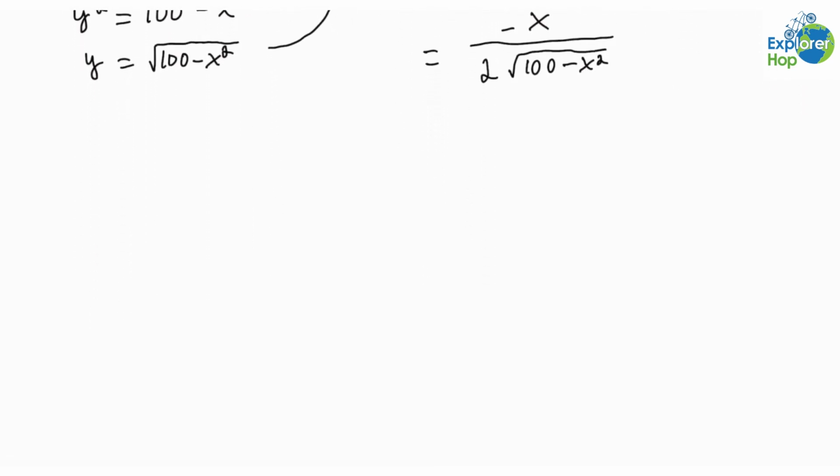And now to find the derivative of y with respect to t when x is equal to 6, we just sub x equals 6 into the equation for the derivative of y with respect to t. So this is equal to negative 6 over 2 times the square root of 100 minus 6 squared.